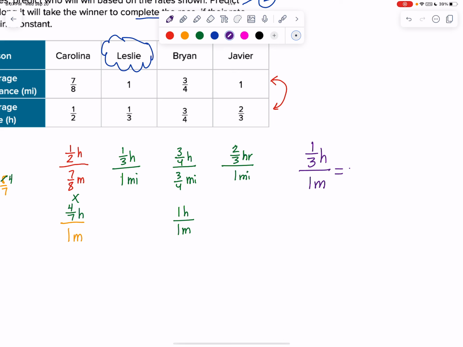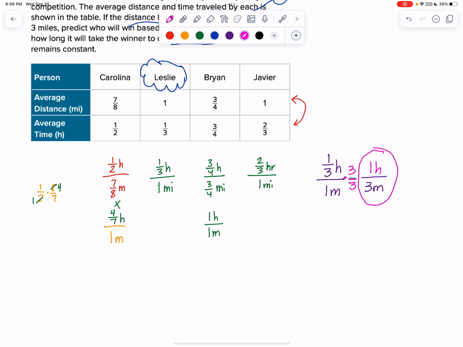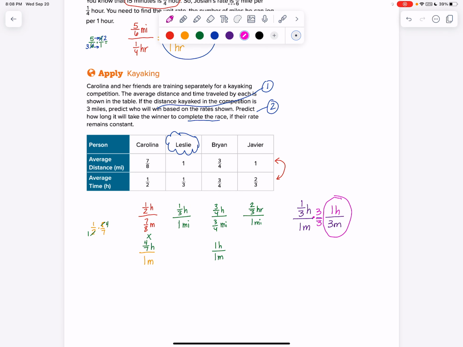And so the question is, what about for 3 miles? So we can just look and see, well, the multiplier is times 3 over 3 because they're equivalent fractions. And so 3 of the 1/3 is 3/3 or 1 hour, okay, per 3 miles. And so there's our information for part number 2.